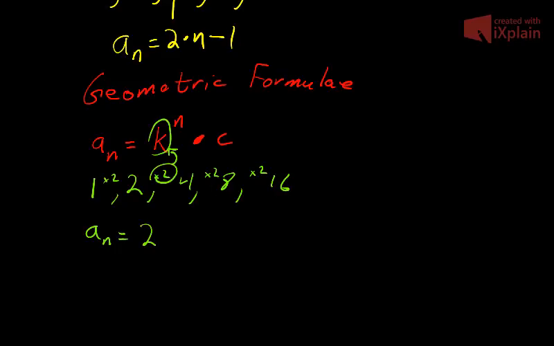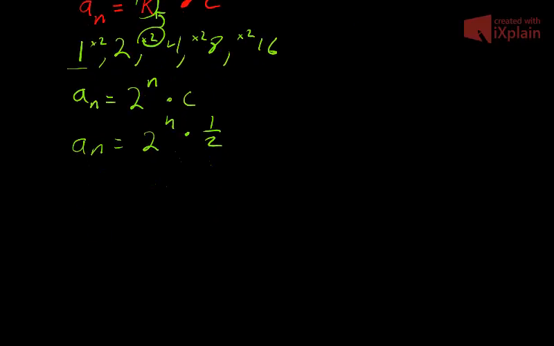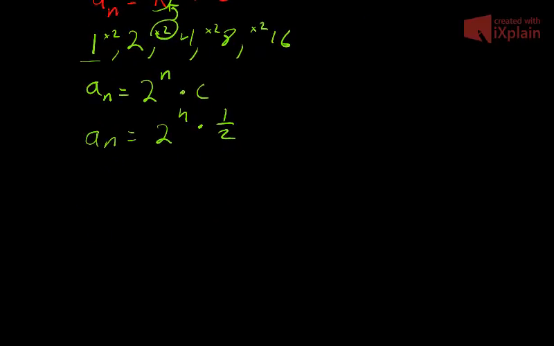So we're going to have 2 to the power of n times c. If I have a 1 first, 2 to the power of 1 is 2. So I have 2 times something is 1, so c would have to be 1/2. So a sub n would be 2 to the power of n times 1/2. I know that's a little bit confusing, so we'll try another example just for fun.